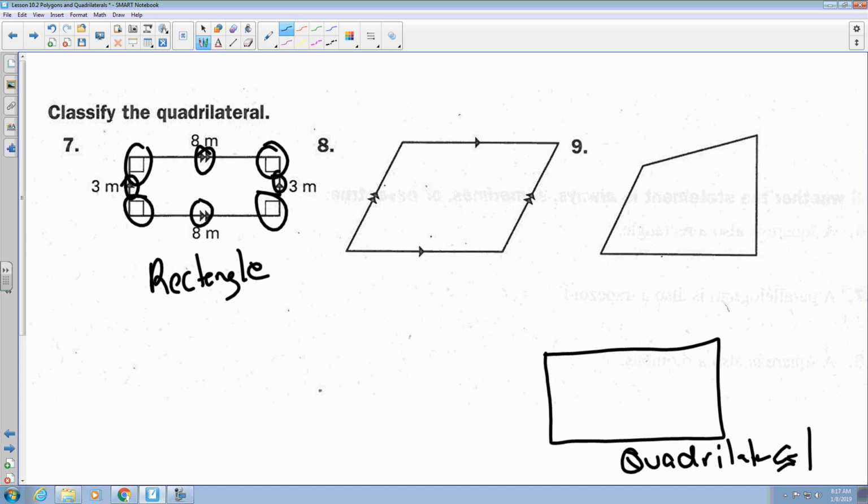For number 8, we have two sets of parallel lines, so we know it's at least a parallelogram. We don't have any measurements of sides, so we can't make any assumptions of it being a rhombus, so we can say that the most specific quadrilateral is a parallelogram.